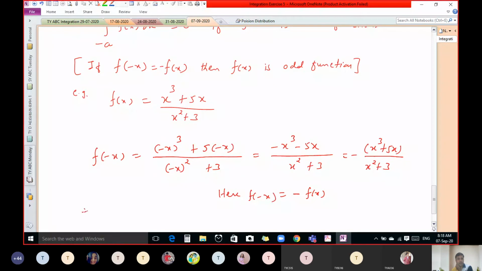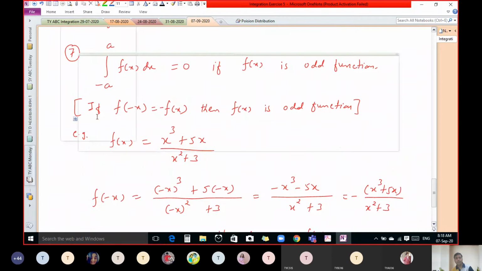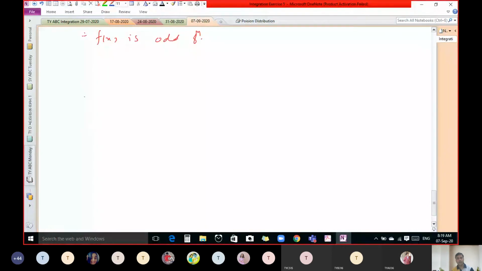That is why f of x is odd function. And if it is odd function, and the range is like this, minus a to plus a, no need to do anything, you just have to write 0. So if this is the question, listen carefully.